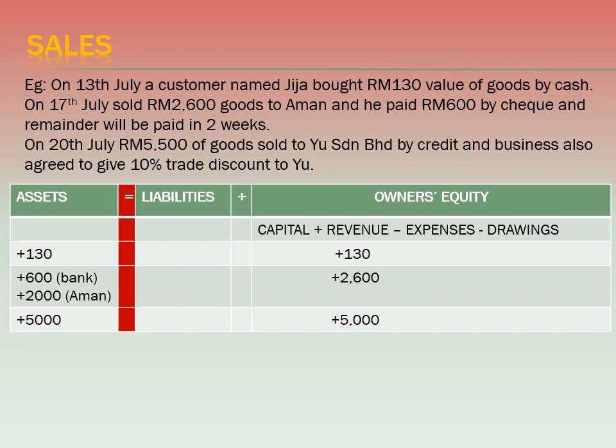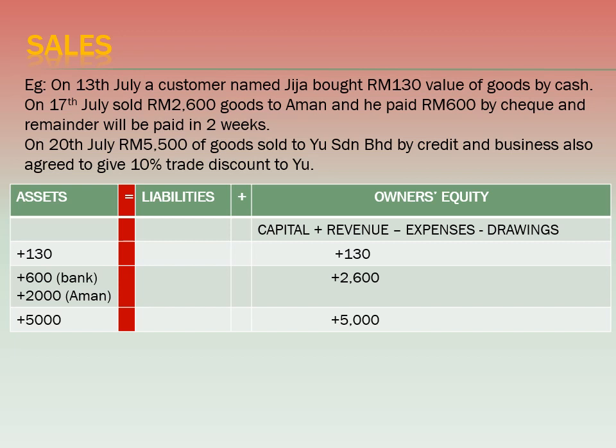You can either separate them, add 600 ringgit and plus 2,000 ringgit under the revenue column, or you can combine them at 2,600 ringgit. Here in asset you can also combine them. If you do not want to separate them, it's acceptable, because both are in asset and affect revenue.